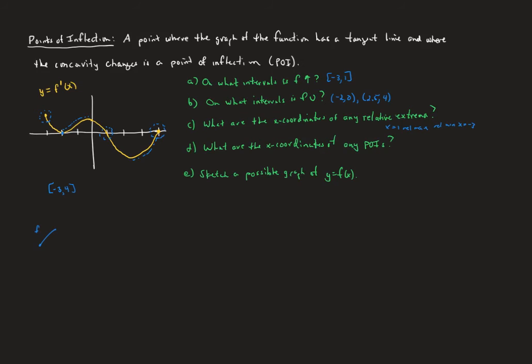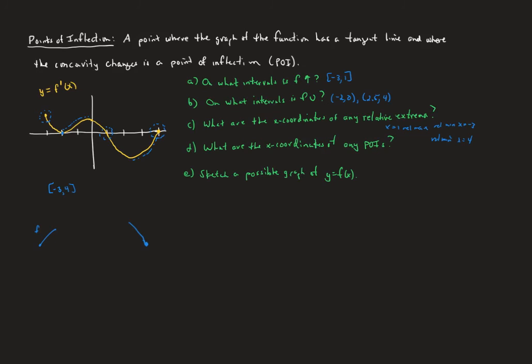And likewise at that other endpoint over here at 4, to the left of it the function is decreasing, so it's falling from left to right. That's going to make that also be a relative minimum at x equals 4.